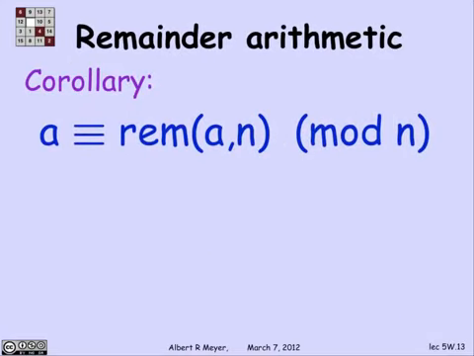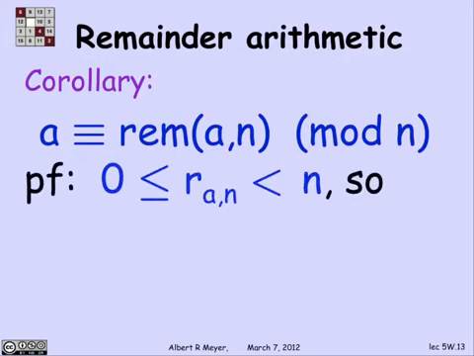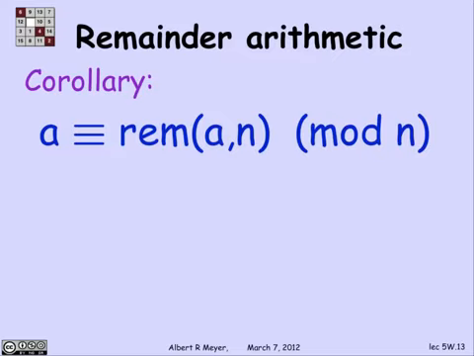Another simple consequence of the remainder theorem is a little technical result that's enormously useful called the remainder lemma, which says simply that a number is congruent to its own remainder, modulo n. The proof is easy. Let's prove it by showing that A and the remainder of A have the same remainder.